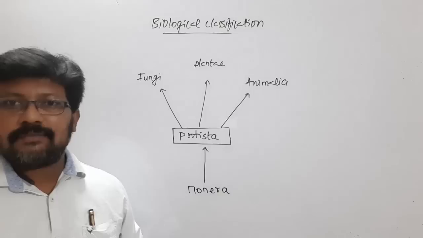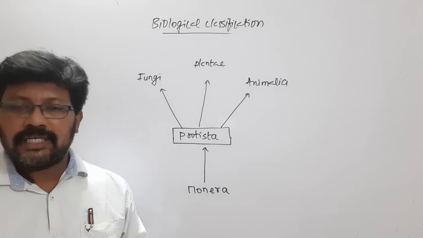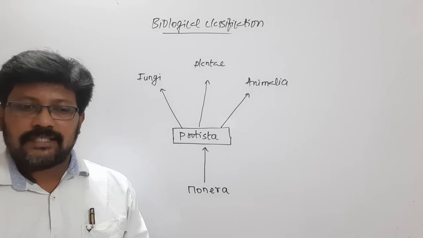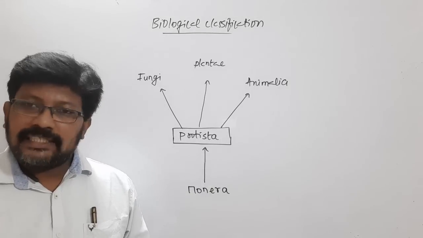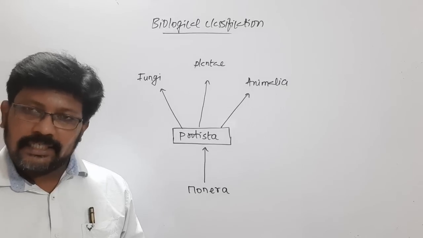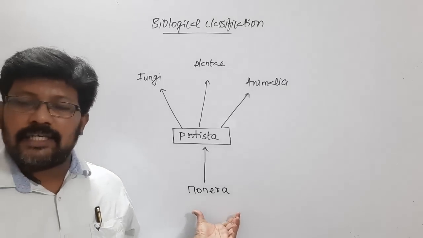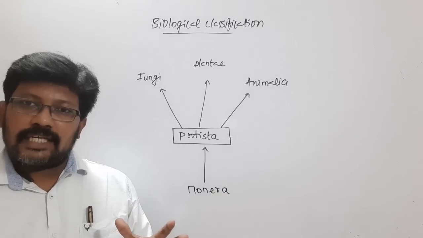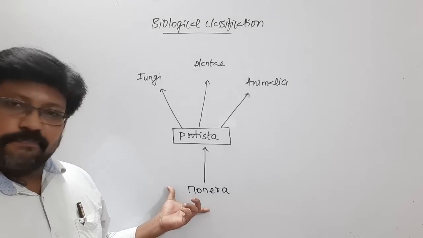Of course, there are some exceptions. Some organisms have not been included in the classification. That is the reason we made a six-kingdom classification and even a seven-kingdom classification. So this is not the final classification. I told you the classification will change from time to time, right?